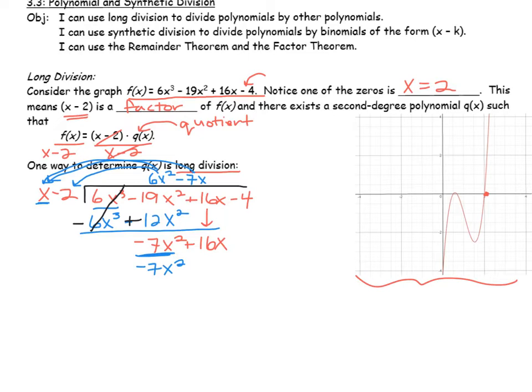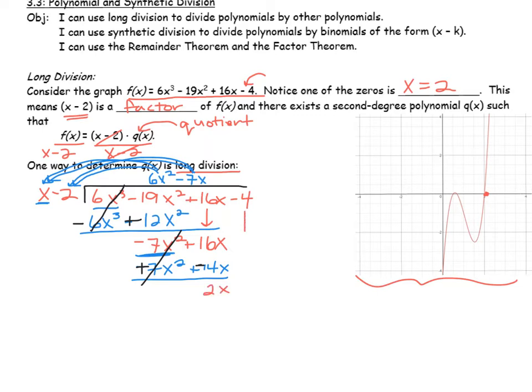Now if I multiply negative 7x times negative 2, we actually get positive 14x. But when I subtract out this row, that changes my negative 7x^2 to positive and positive 14x to negative. Canceling out that first term, and then we see what's left over. 16x minus 14x would be positive 2x.